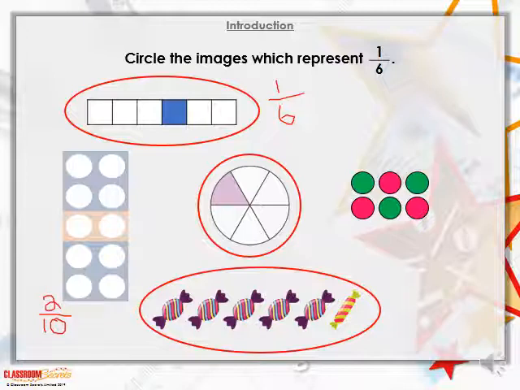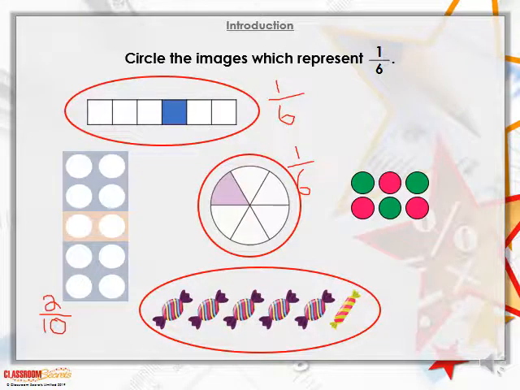Okay, let's have a quick look at this one. So it's been split into 1, 2, 3, 4, 5, 6, and then we have 1 piece. So we've got 1/6. And then moving on to these tasty looking sweets down here. Let's see how many of these purple ones we've got. 1, 2, 3, 4, 5, 6.